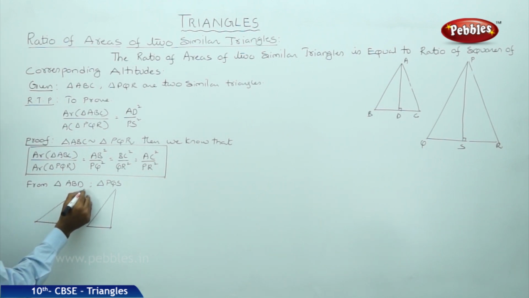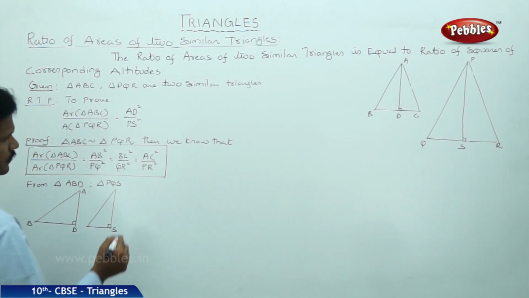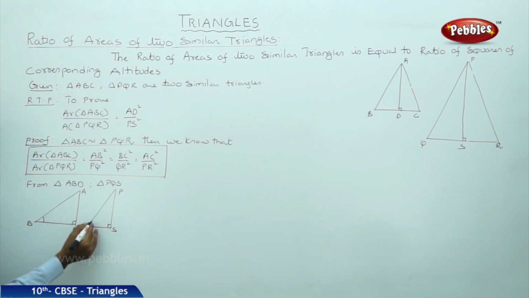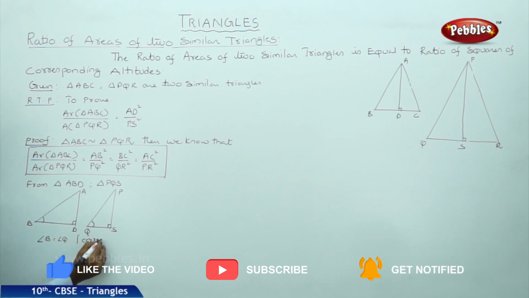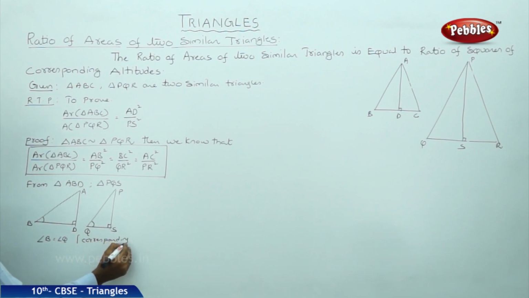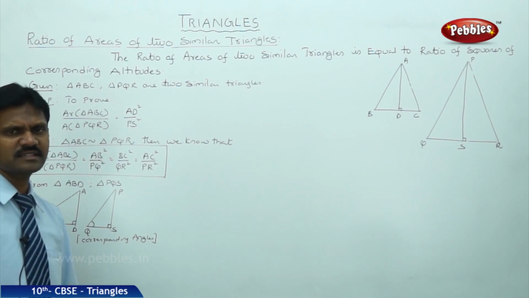That is, A, right angle is at D, B. Similarly in the second one, right angle is at S, P, S, Q. We know very well that angle B is equal to angle Q, since these two are corresponding angles. Corresponding angles of similar triangles are equal.